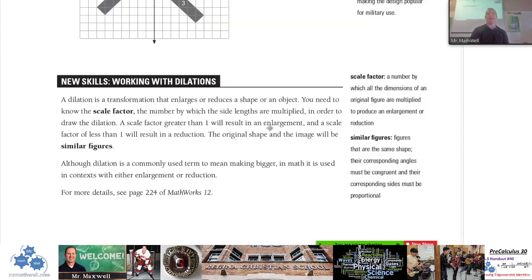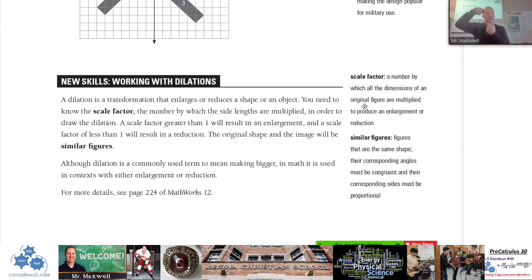All right, dilations is the last transformation that we want to talk about here. And dilations are, as I mentioned before, enlargements or reductions. So if you have a scale factor that is greater than 1, that means we have an object that is larger. If the scale factor is 2, that means the object is exactly twice as large, or each dimension, so each side, would be twice as long.